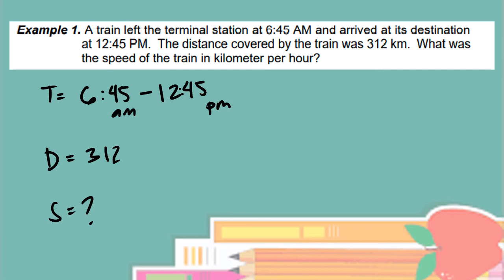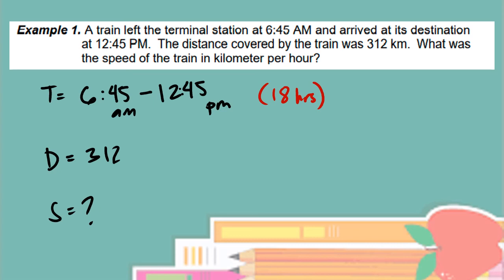Ilang hours ba lumipas bago dumating ng 12:45 p.m.? So kapag 6:45 p.m., that's at already 12, 6, 7, 8, 9, 10, 11, 12. 6. So 18 hours. Binilang ko lang from 6:45 a.m. to 6:45 p.m. That's already 12 hours. And then 12:45 p.m. kasi nag-arrive sa destination. So that's another 6 hours. That's why we got 18 hours.